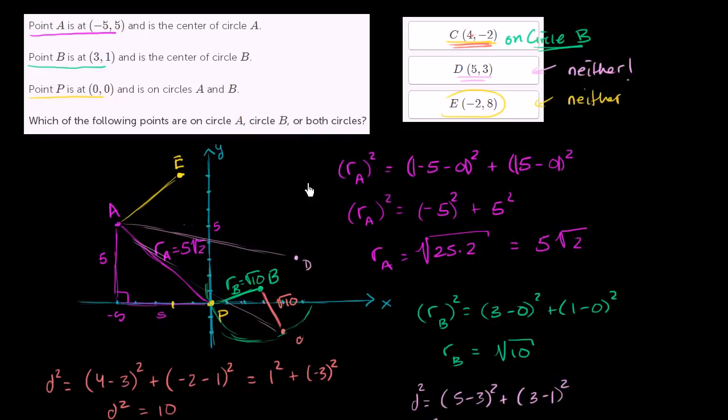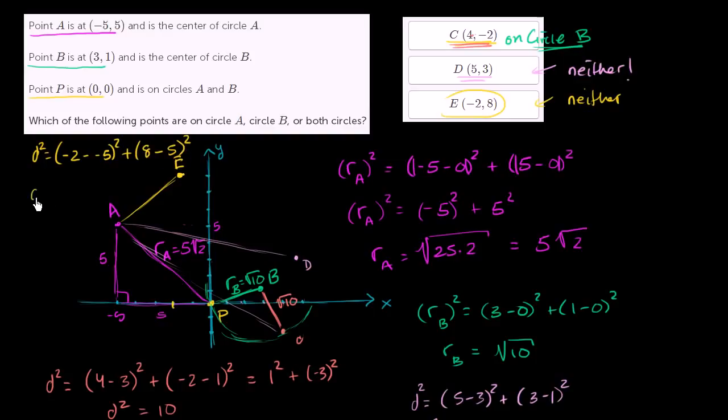But we can verify this on our own if we like. We can just find the distance between these 2 points. Our distance squared is going to be our change in x's. So negative 2 minus negative 5 squared, plus our change in y. So it's 8 minus 5 squared.